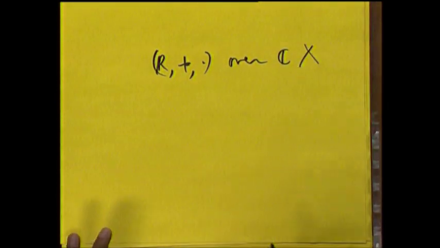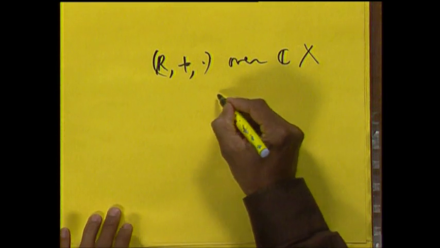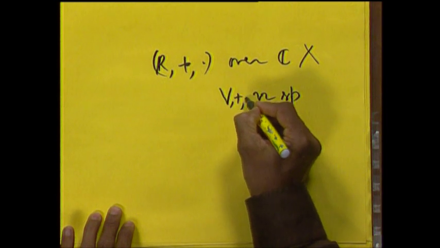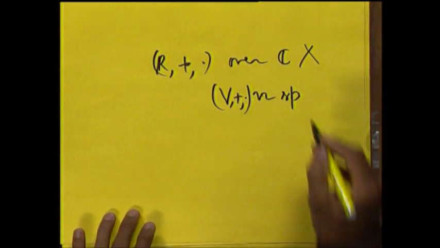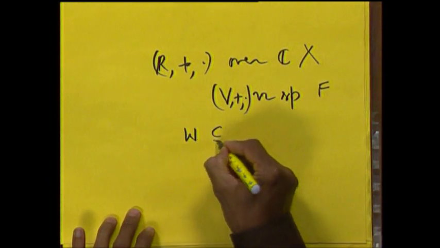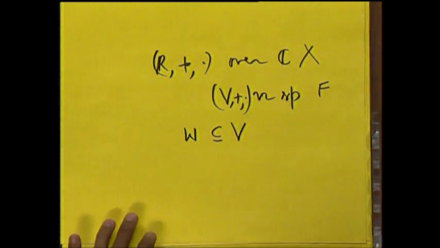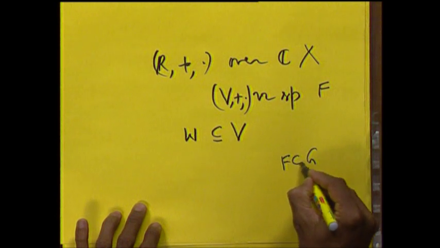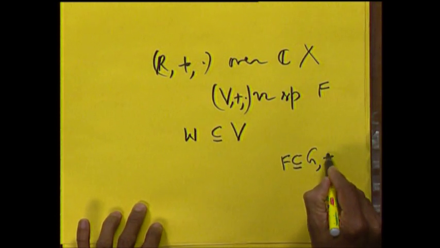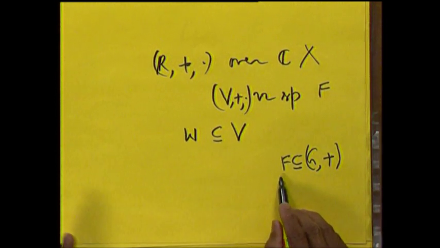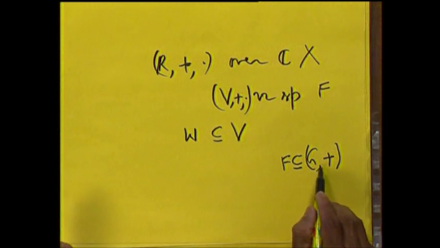Well, whenever we have a vector space, we denote it by this triple V, plus, dot over a field F, and if W is a subset of V, we may ask whether this W is also a vector space. You may recall that if you have a group G, and F is contained in G, and G is a group under a binary operation plus, we are asking whether its subset F is also a group with respect to the plus here.